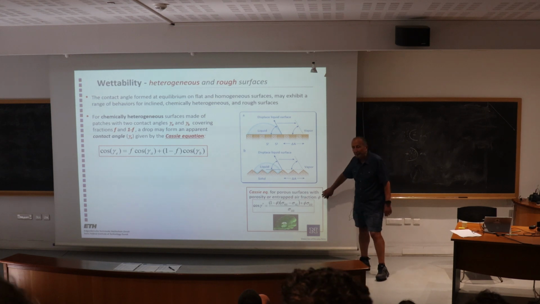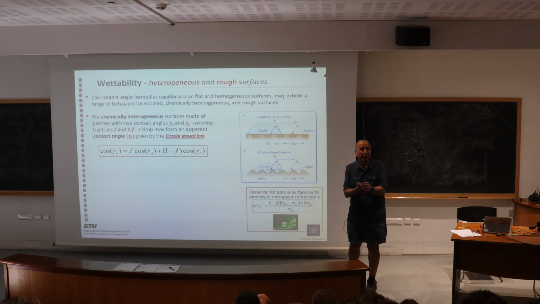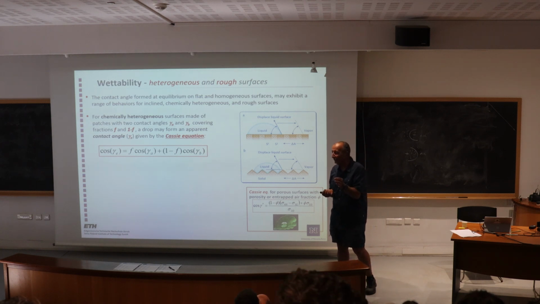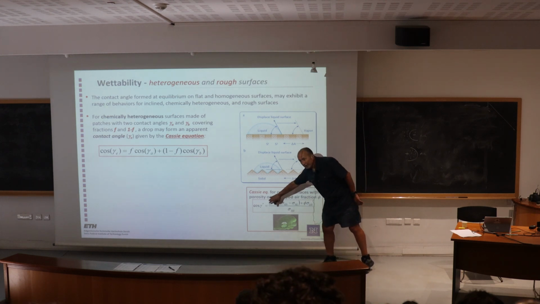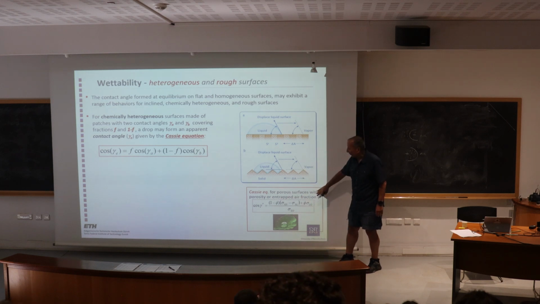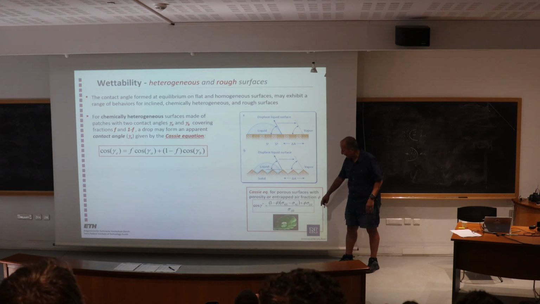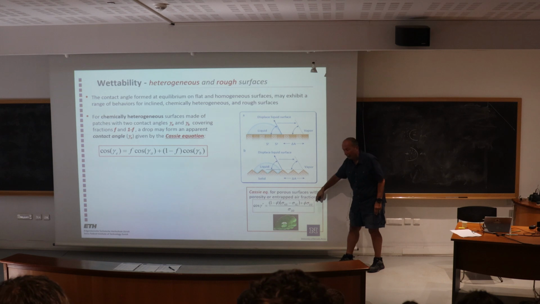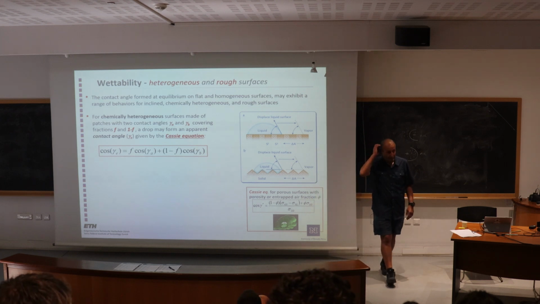For example, if you look at placing a droplet on a porous surface, or if you entrap air pockets under the droplet, the modification of the contact angle from, say, Young's equation would be that I use the porosity of the surface to weigh one part of the equation and the one associated with the liquid-gas, because the liquid-gas is now sitting on the bottom, divided by the surface tension of the liquid-gas.